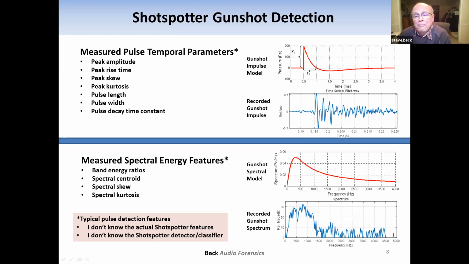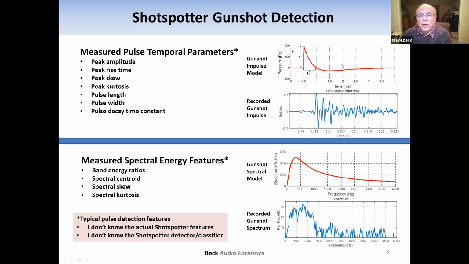So, there's a lot of difficulty in making measurements, but some of the measurements include the peak amplitude, the rise time, because it's close to instantaneous, and that's a good way to discriminate from other sounds. Look and see whether it's skewed, what the kurtosis is, measure the pulse length, which is typically what you might consider to be one cycle.